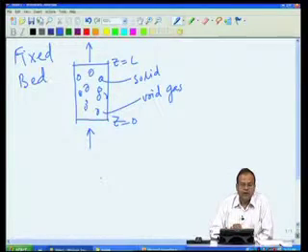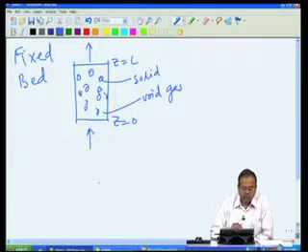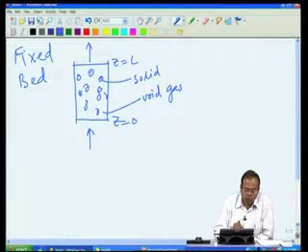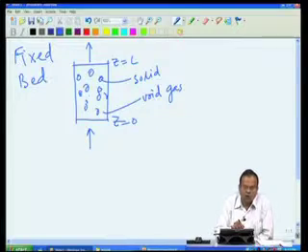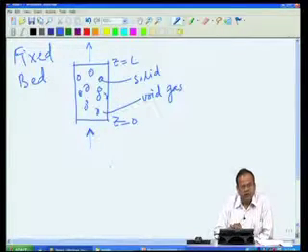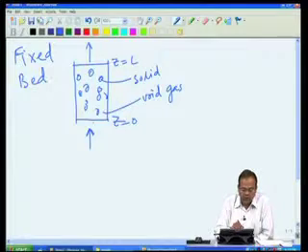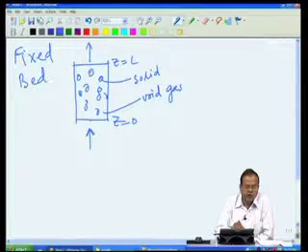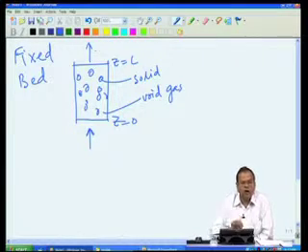Our gaseous reactants are moving through the voids, diffusing inside the catalyst, reacting, and products are coming out and so on. But as far as the main convective flow is concerned, it is essentially from one end of the reactor through the voids of this bed to the other end of the reactor.